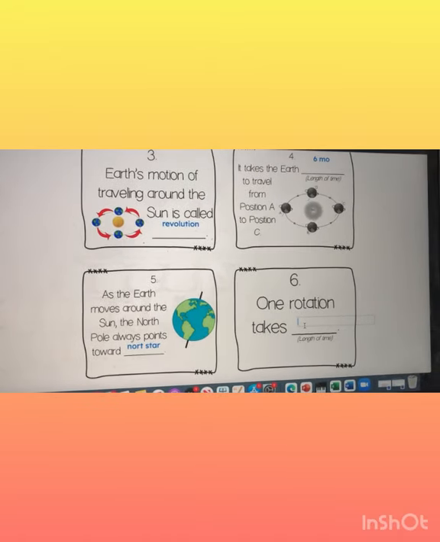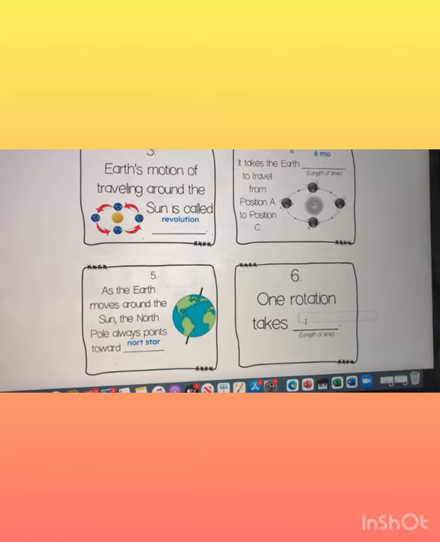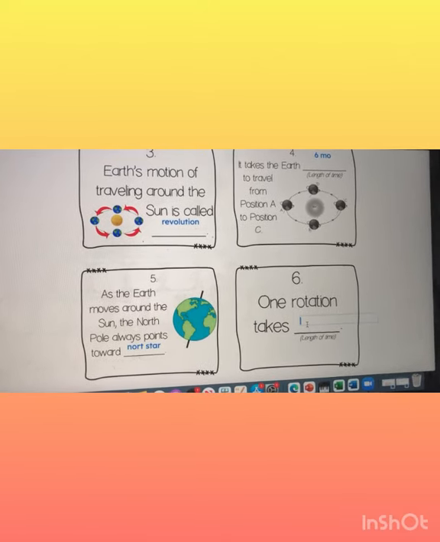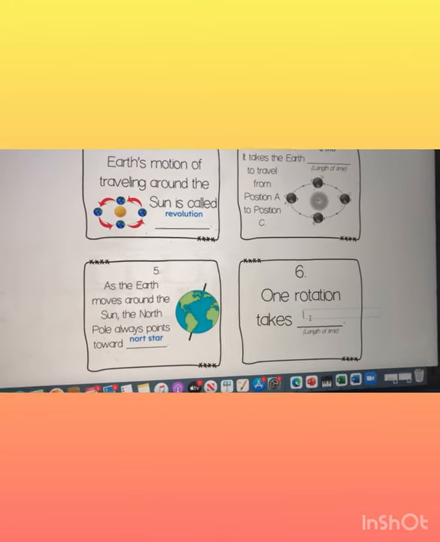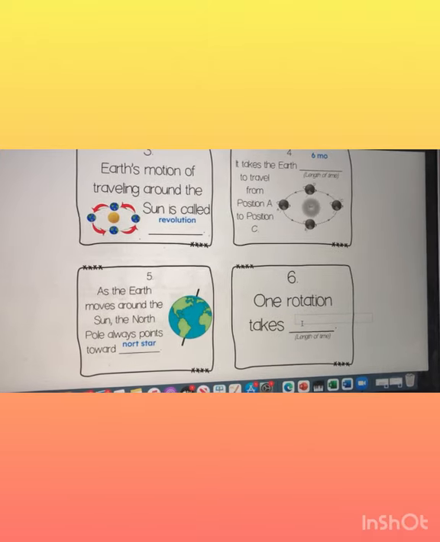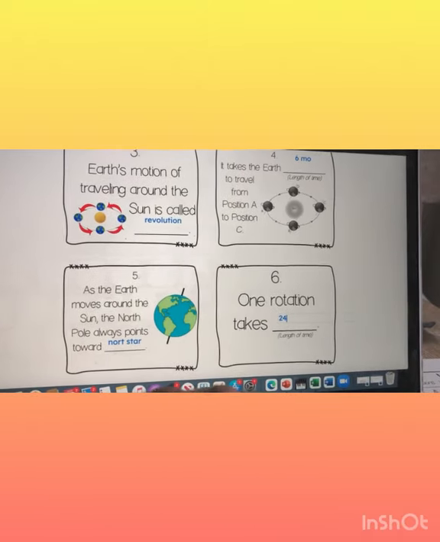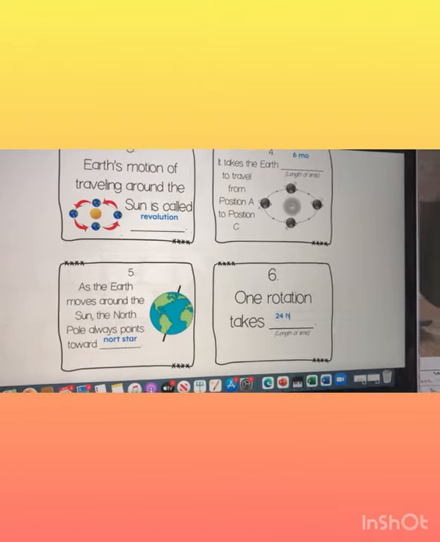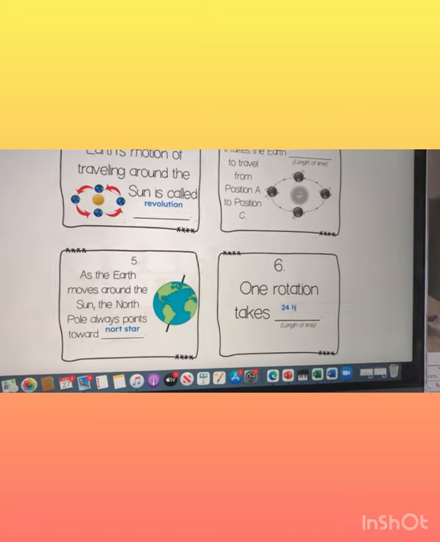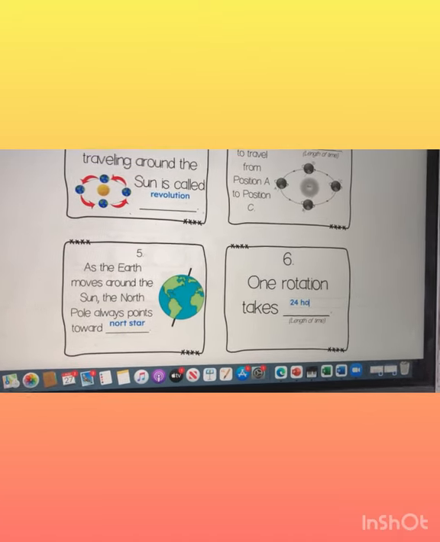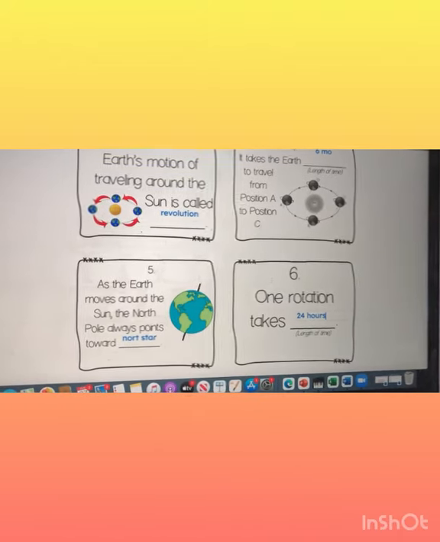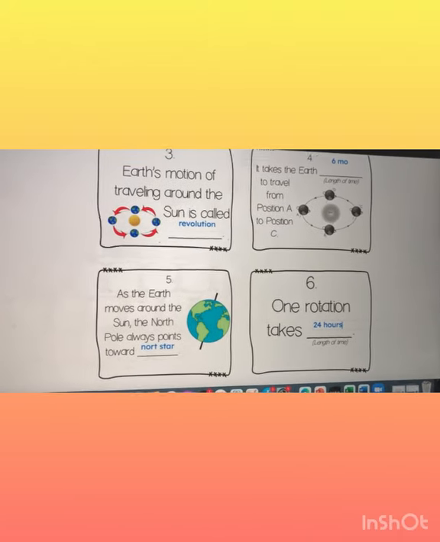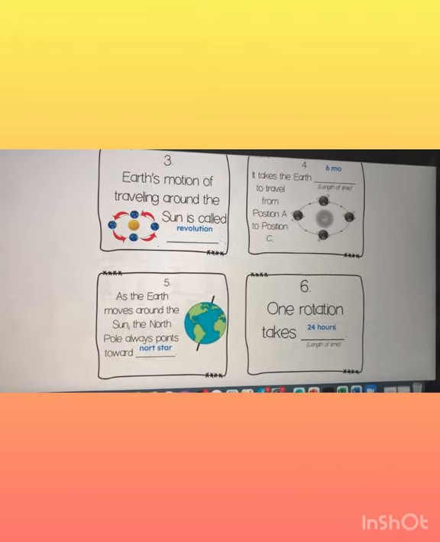One rotation takes, and this is the one that I wanted you to listen to in the video. One rotation takes 24 hours, or the equivalent of 1 day.